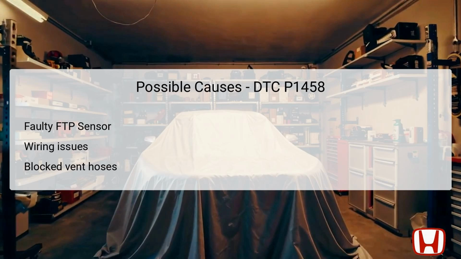These wiring issues can affect the sensor's ability to communicate accurately with the PCM. Additionally, blocked vent hoses can prevent proper airflow to the FTP sensor, leading to incorrect pressure readings or creating a vacuum in the fuel tank.